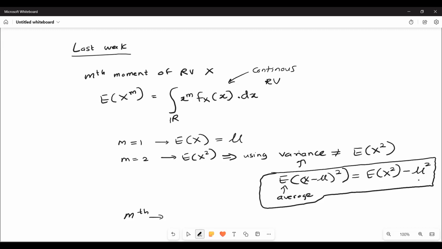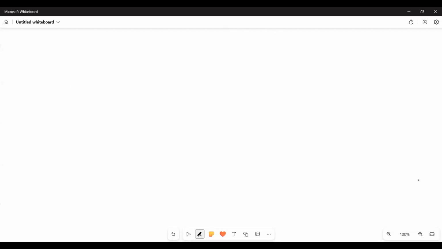If we consider a discrete random variable, its expectation value can also be written in a similar manner. We'll discuss that now. For the discrete random variable, the main difference is that you are considering discrete values as the random variable outcomes.